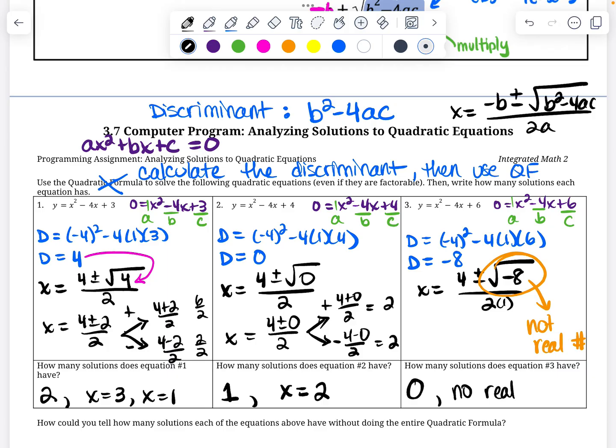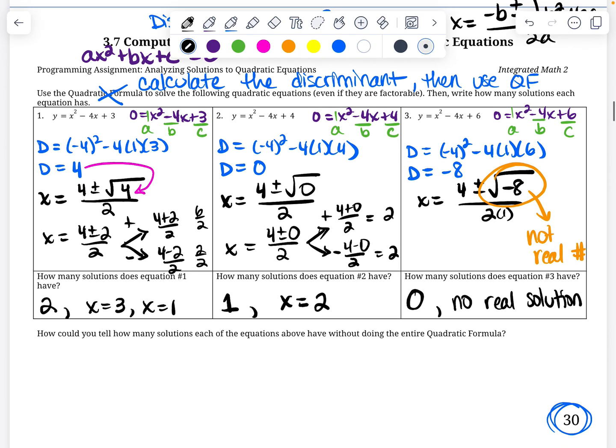So there's just no real solution. Okay, so what did we learn through all of this work? You may not have noticed this, but I'm going to show you right now. In number 1, the discriminant was a positive number.